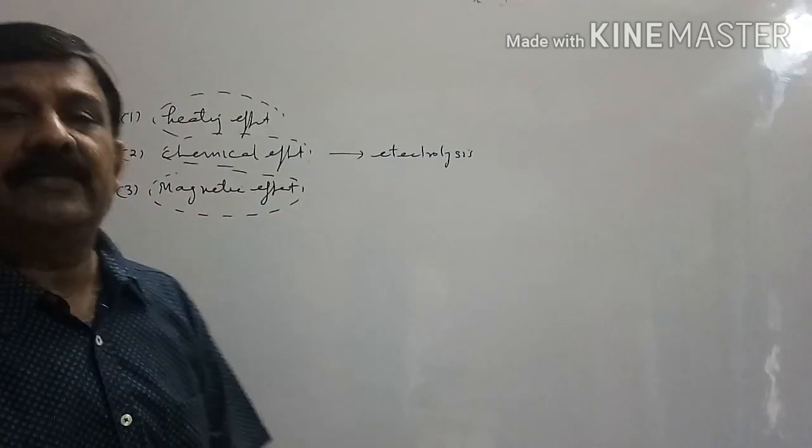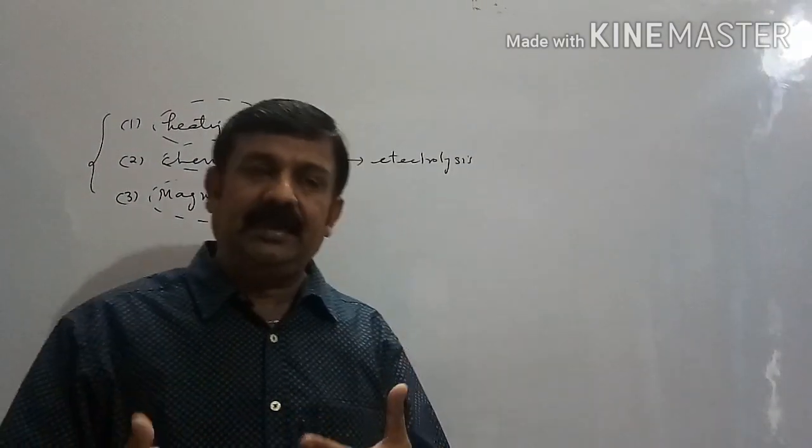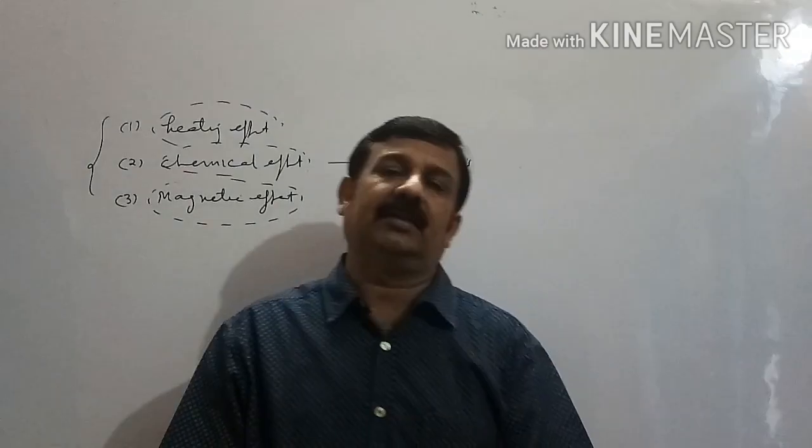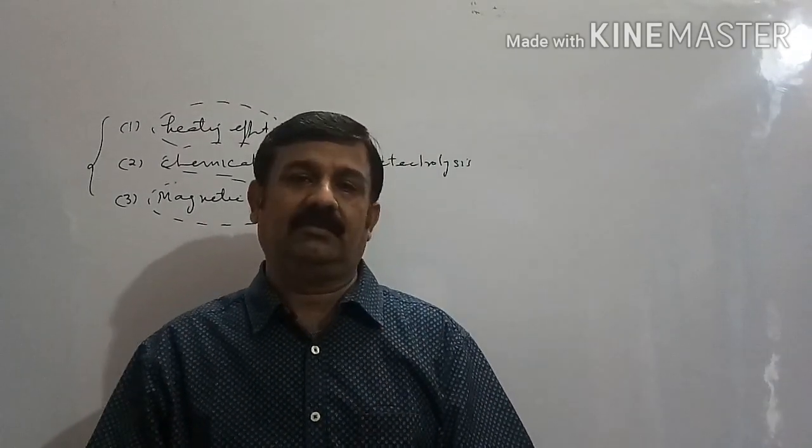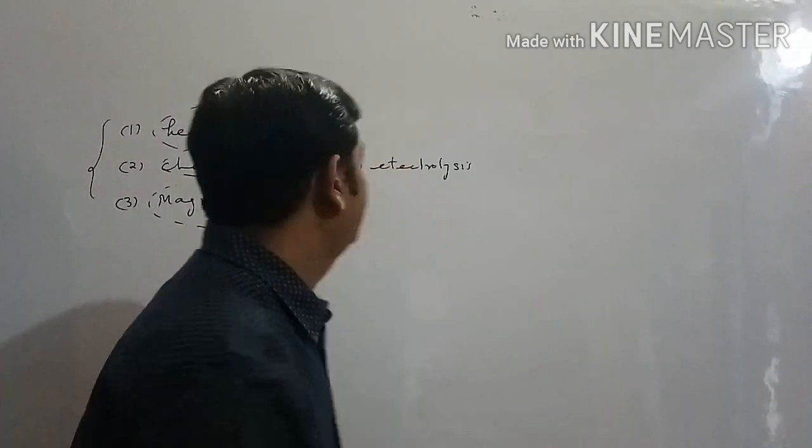What is the meaning of heating effect of current? Whenever current is allowed to pass through a conductor, it heats the conductor. This is called the heating effect of current.